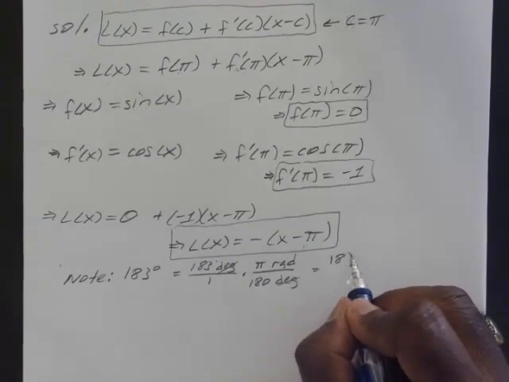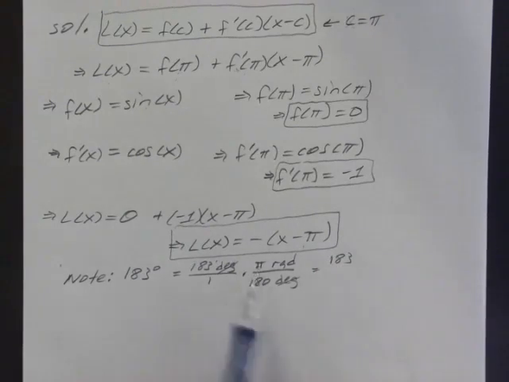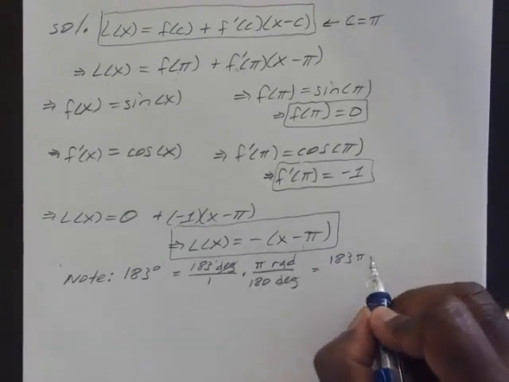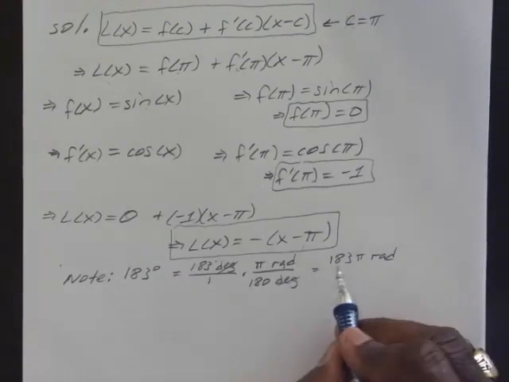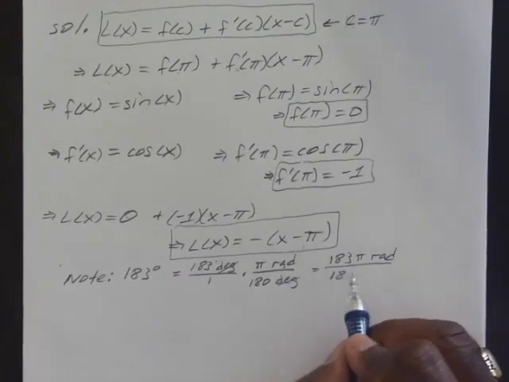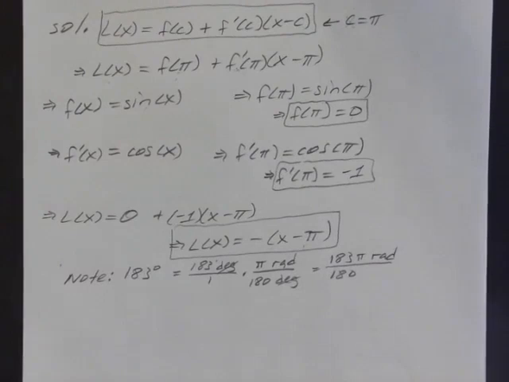So we have 183 times pi radians divided by 180. And actually, that can be simplified to 61 over 60 pi.